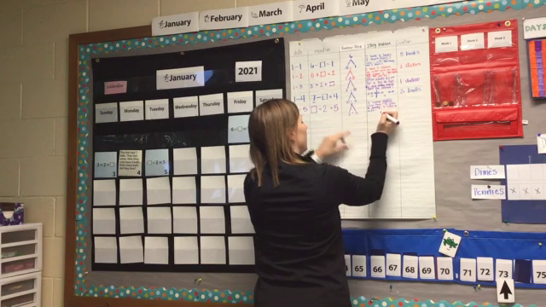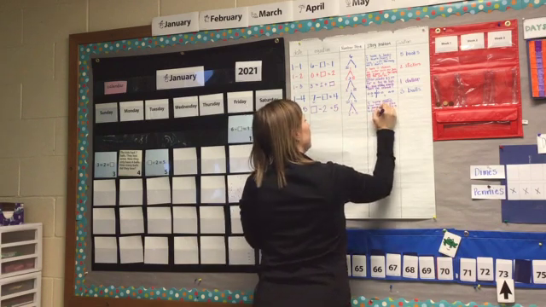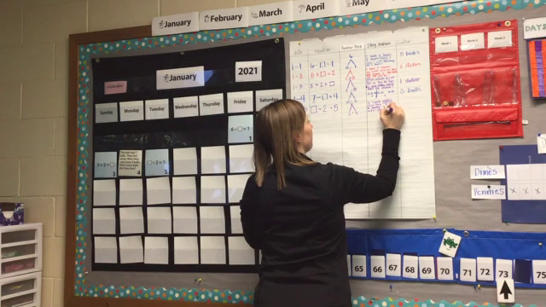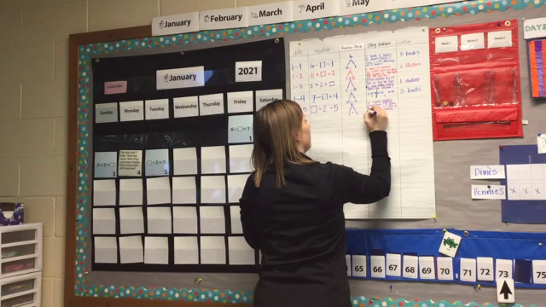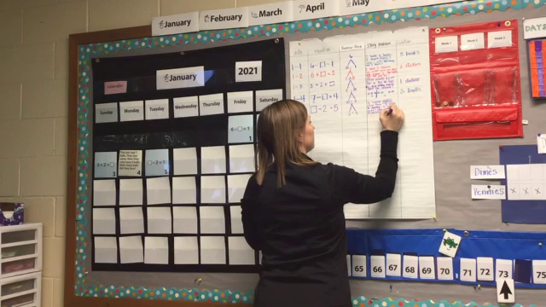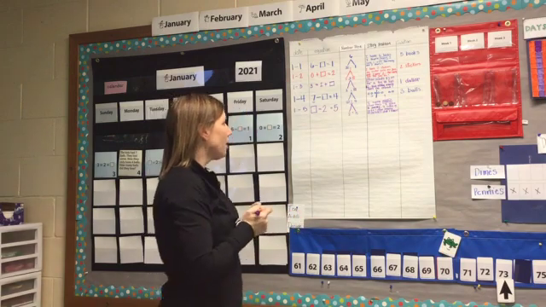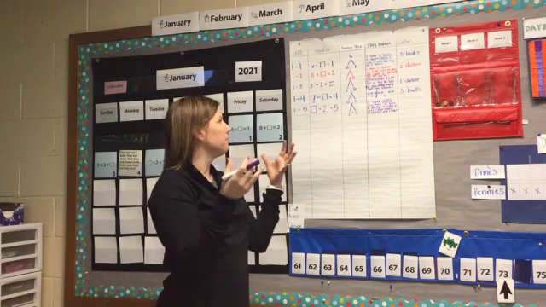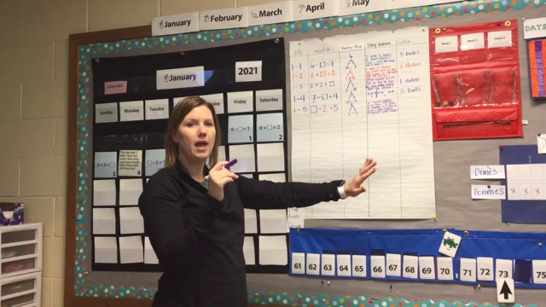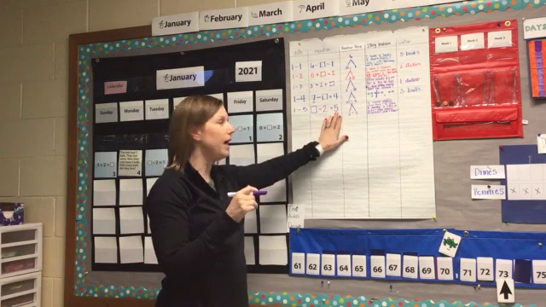So then my question is, how many did I have to start with? How many marbles did I have? And that's where we have to come up with a solution. All right, so I have some, I give 2 away, and then I have 5 left.